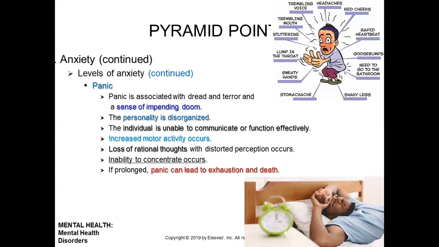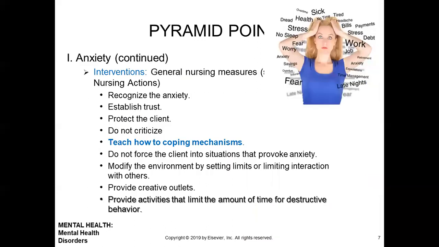So when we work with a patient who has panic level anxiety, what is our intervention? First of all, set limits on behavior, also give them simple direction, and also counseling, psychotherapy, and then medication.